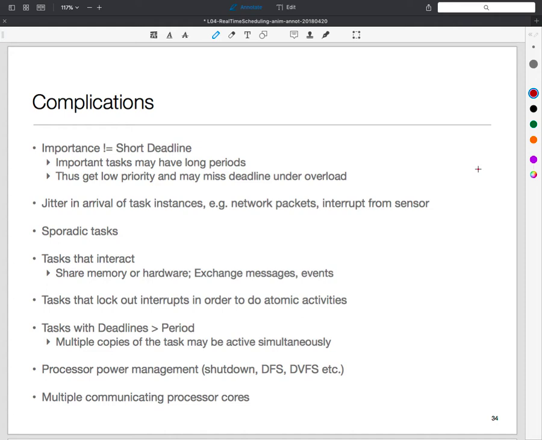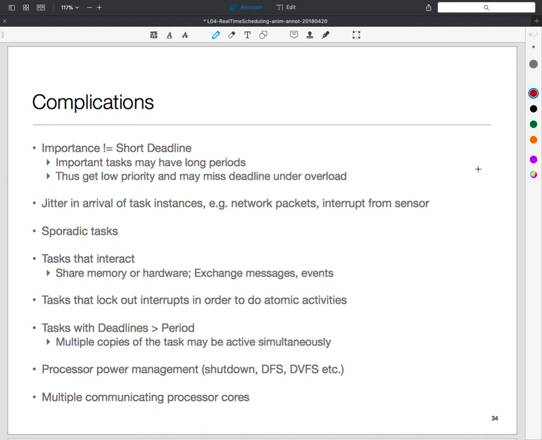Important tasks may have long periods, and therefore when the CPU gets overloaded, they may be the first to fail, because it is the lower priority tasks that get starved out. If those happen to be the important ones, then it's a problem. So that's one issue with this framework: importance versus rate are two different concepts of priority.